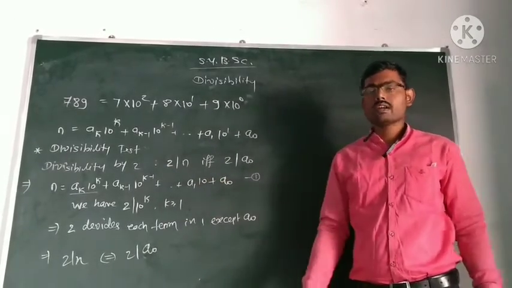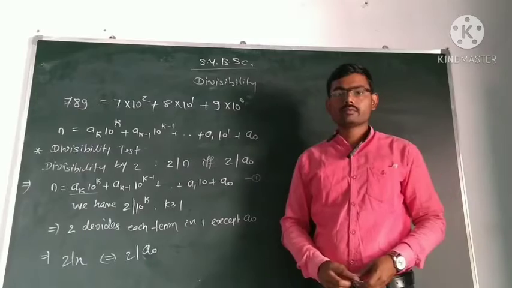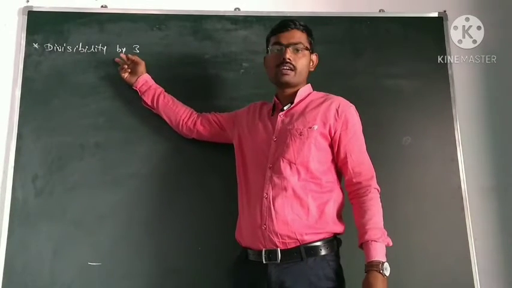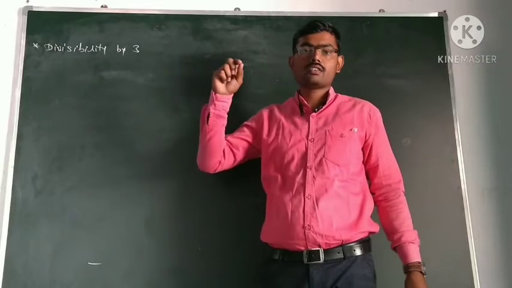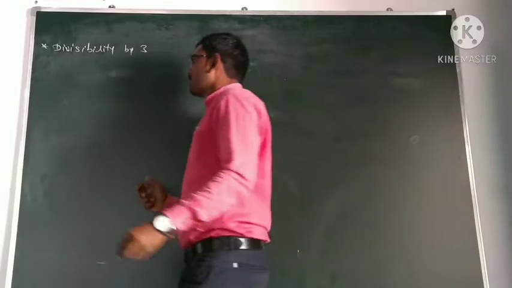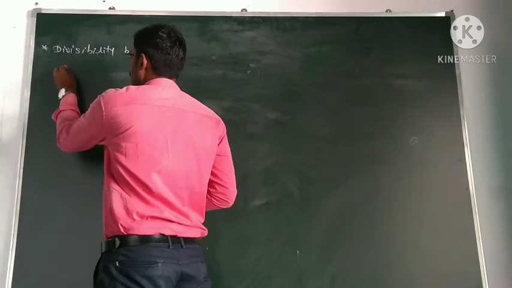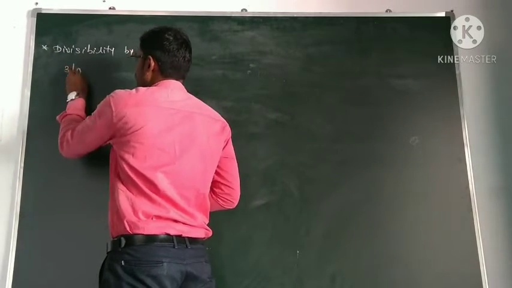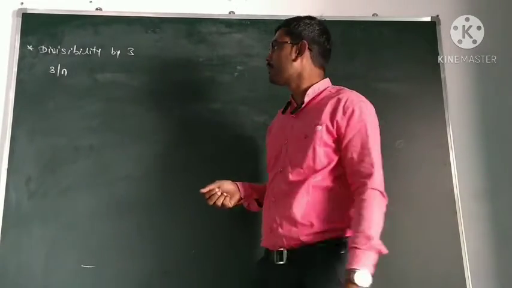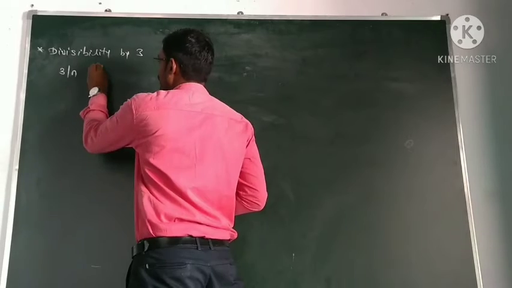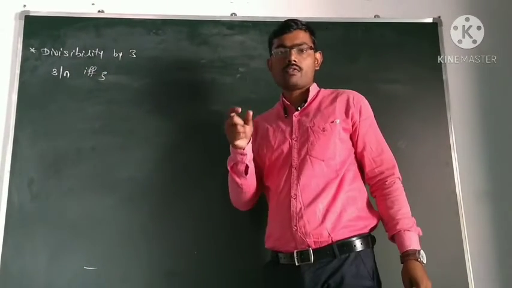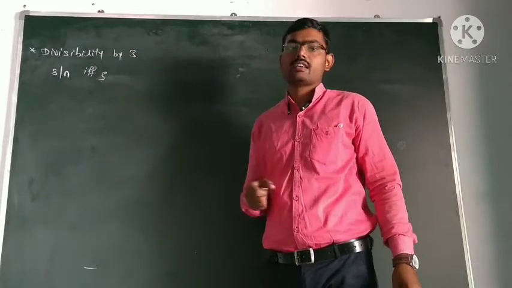Now we will see divisibility by 3, or the test of divisibility for the number 3. The test is: 3 divides a number or integer if and only if 3 divides the sum of digits in that number.